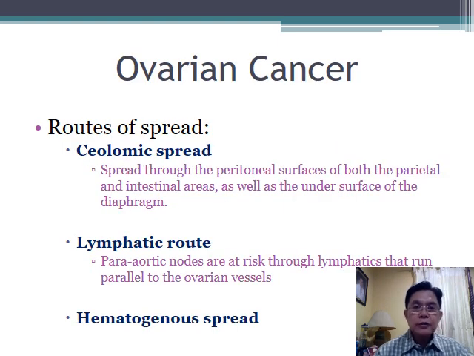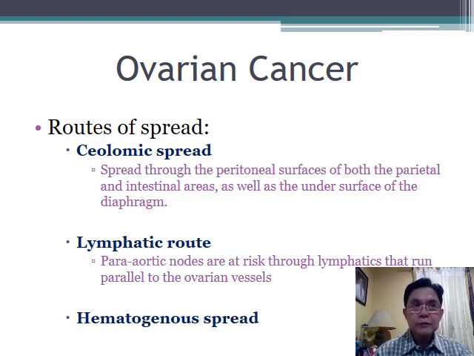So how does your ovarian cancer spread? There are 3 modes of spread of ovarian cancer. Okay, it can be coelomic, lymphatic, or hematogenous. Coelomic spread means the tumor spreads through the peritoneal surfaces, both parietal and visceral.